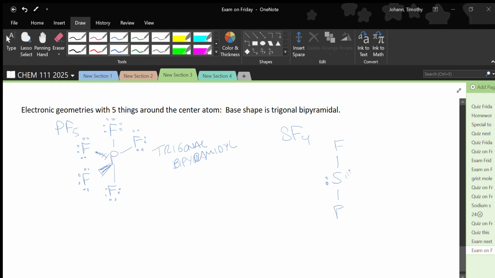And then if I draw it in its shape, which remember, you don't have to draw it in its shape for the Lewis dot structure, but you're going to use the Lewis dot structure to find the shape. Okay? And you see if you turn that on its side, it looks like a seesaw.